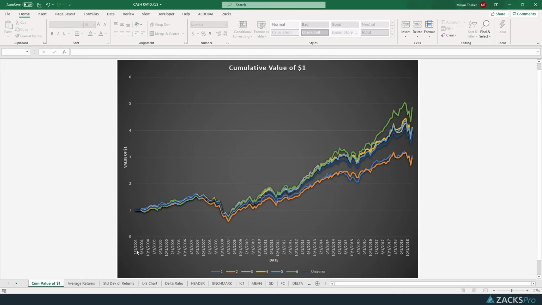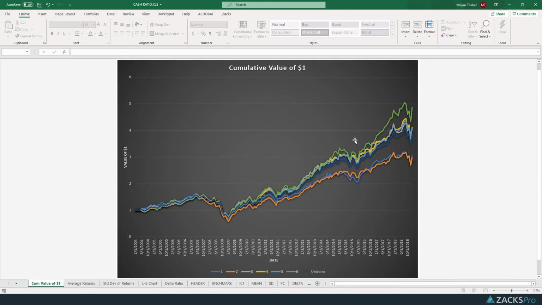So since 2004, I went back to the full amount of history that we had available. So a full 16 years of history. And you can see the cumulative value of $1 over time invested into these different buckets based on the liquidity ratio.